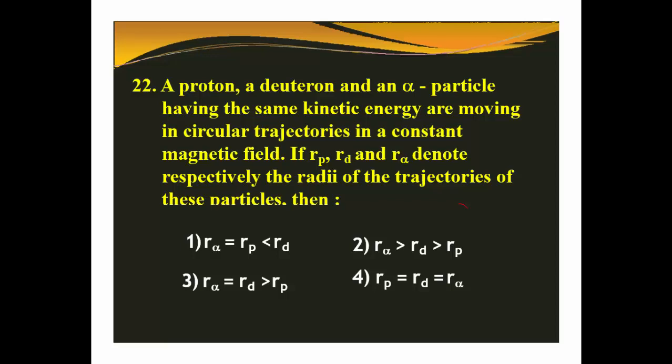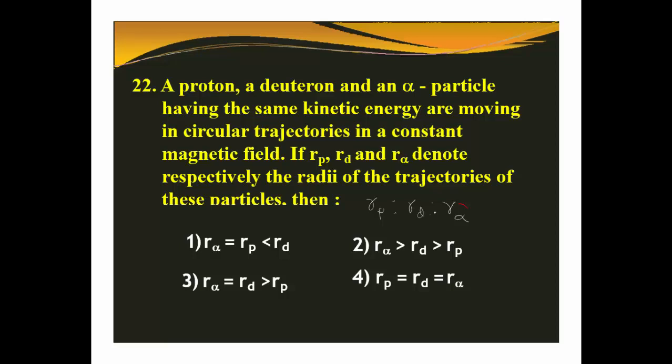Rp, radius of proton, Rd, radius of deuteron, R alpha, radius of alpha particle. How are the radii of these trajectories related is the question. So I have to calculate the relation for Rp is to Rd is to R alpha, the ratio of these three.